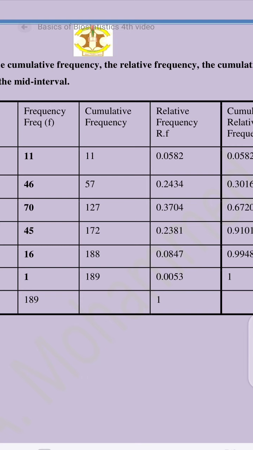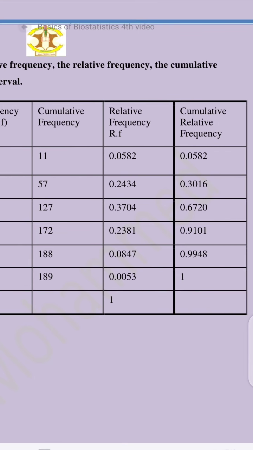The same thing you do for the remaining numbers. For the cumulative relative frequency, you start with the first relative frequency, which is 0.0582. Then you add it to the second value, 0.2434, and it will give you 0.3016.